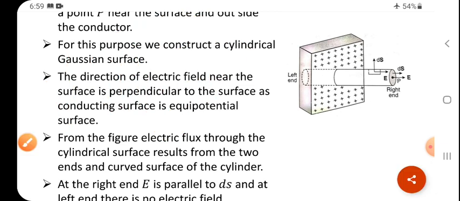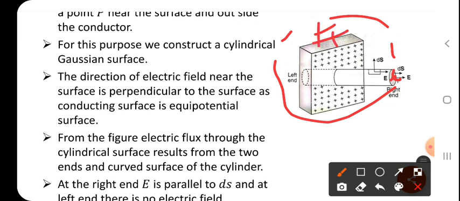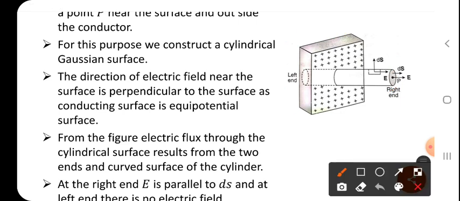I have imagined one point here. For this we cannot draw a Gaussian surface like a sphere. Why? Because if you draw a spherical Gaussian surface, on this side there are no charges, so it is not possible. It is possible to draw only a cylindrical surface, a cylinder.